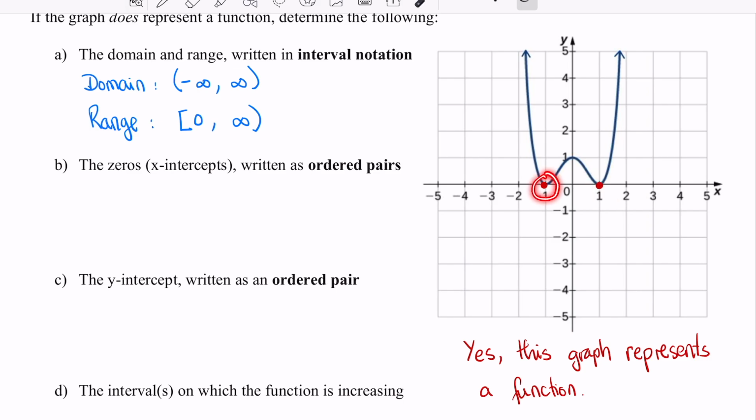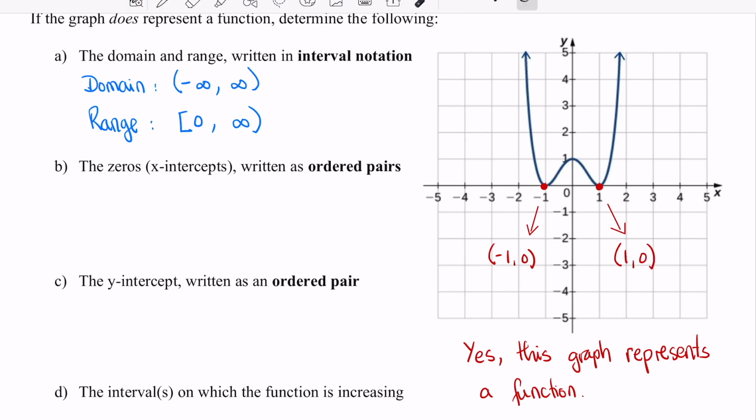And we want to use ordered pairs. So at this point, x equals -1, y equals 0. And at this point, x equals 1 and y equals 0. So the x-intercepts written as ordered pairs are (-1, 0) and (1, 0).